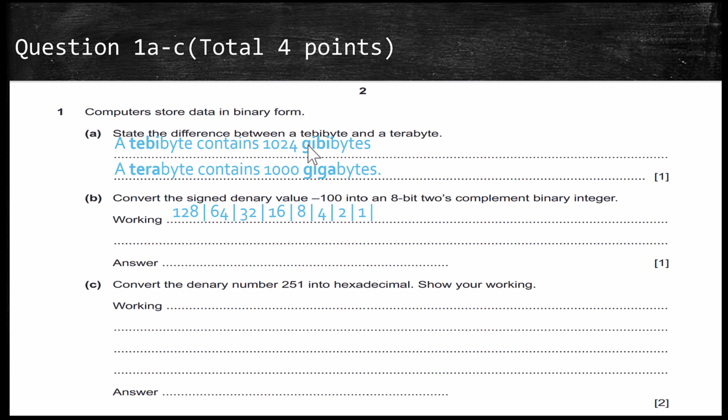You can do that on your paper to show your examiner you know what you're doing. Then all you're going to do is find the regular value of 100. So there's the binary value for 100. I don't need 128. I do need 64. 64 plus 32 is 96, plus another 4 is 100, but that's not -100.